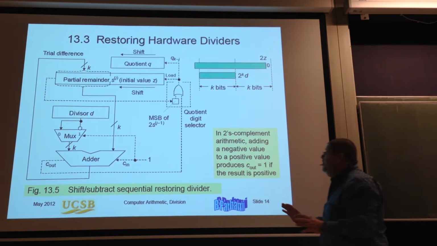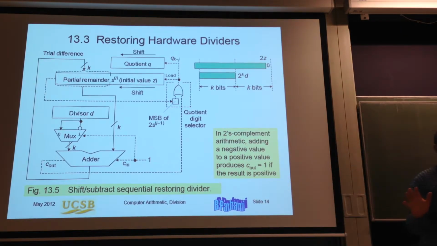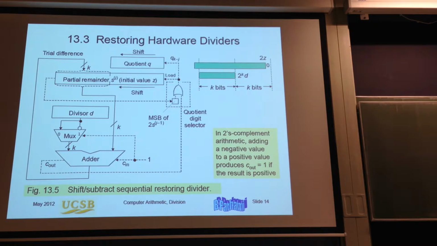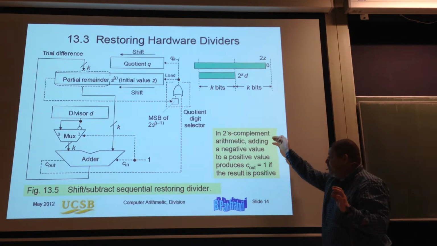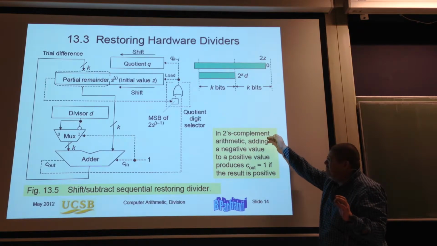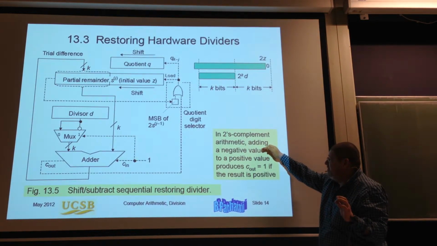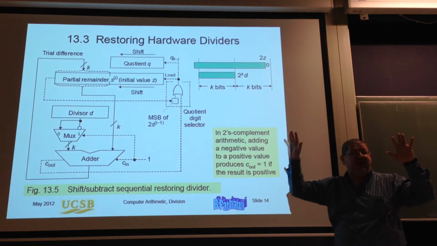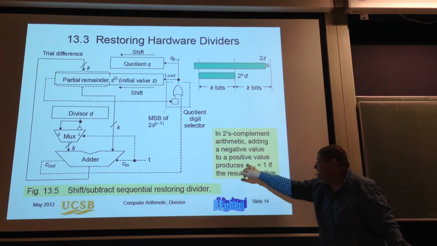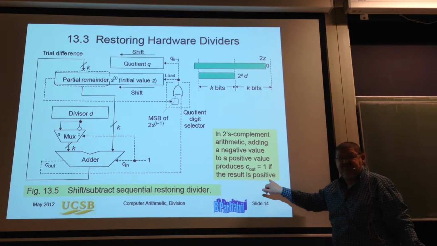Not always, when doing 2's complement operations, does the carry out tell me something about the sign of the result. In this case, because I always have a positive value and I'm subtracting a value from it, I add a positive with a negative value. Carry out always means that the result is positive.